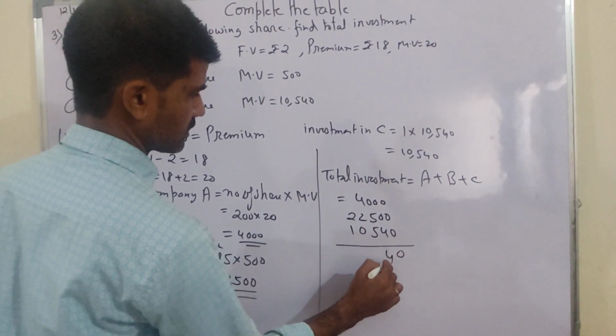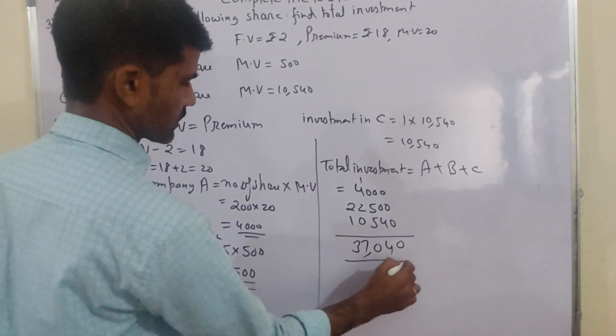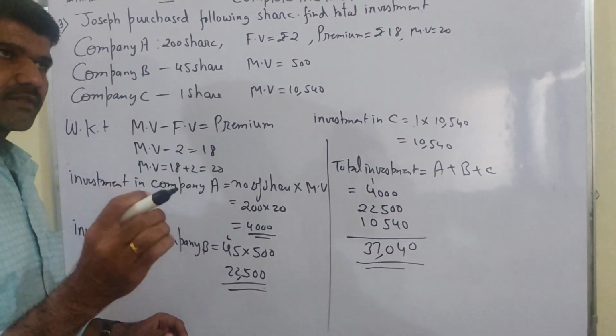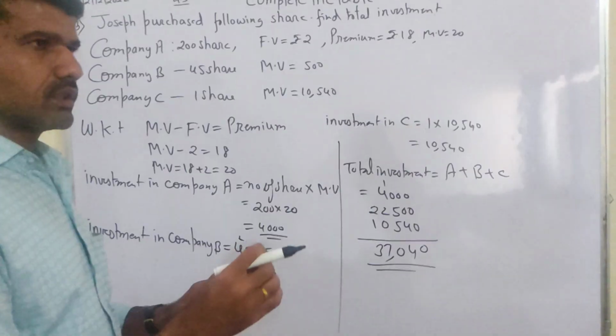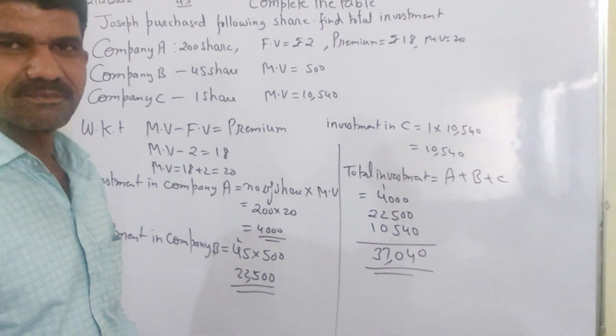Just add. Total investment made by Joseph in all the three companies is 37,040 rupees.